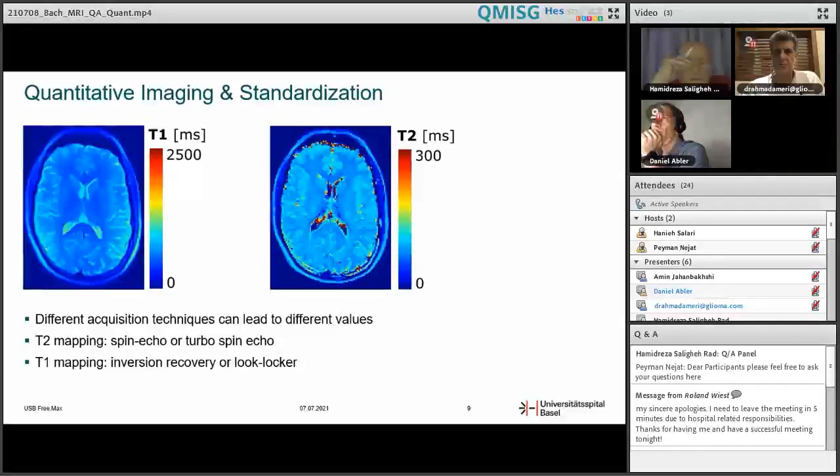So in order to obtain comparable quantitative pixel values, it is important to standardize the acquisition protocol. If one wants to compare their own quantitative values with the values published in literature, it always has to be checked if comparable acquisition protocols were used.